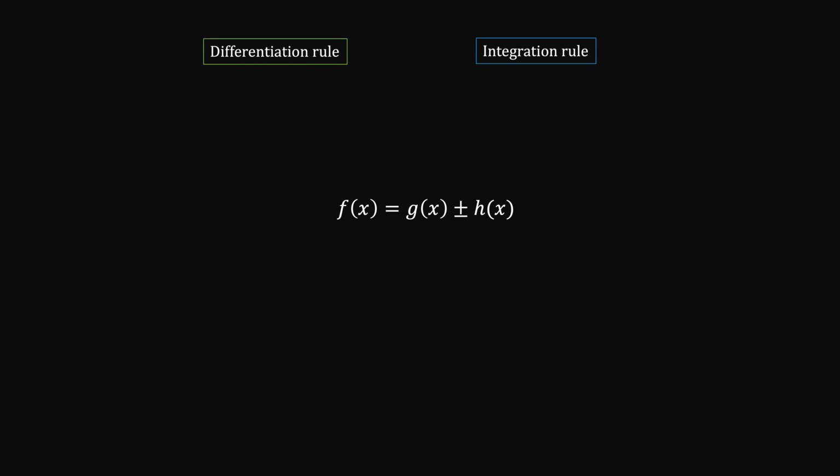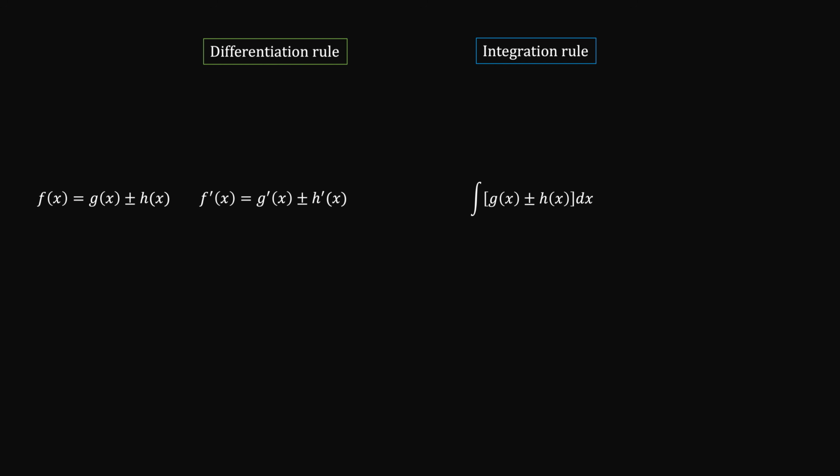If we combine two functions by adding or subtracting them, then the derivative is the derivatives of the two individual functions added or subtracted. This is easy to see. We also have a corresponding rule when we integrate. If we integrate the sum or the difference of two functions, then it's equal to adding or subtracting their integrals separately.